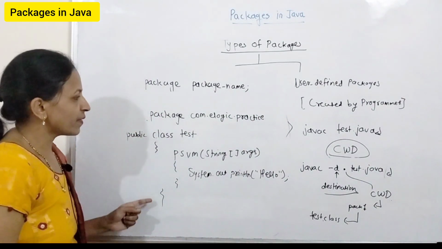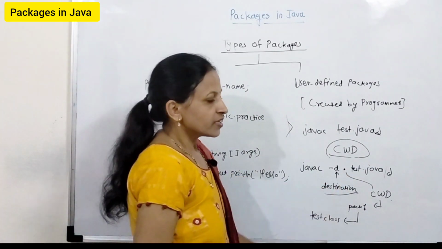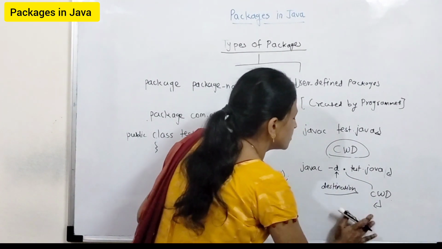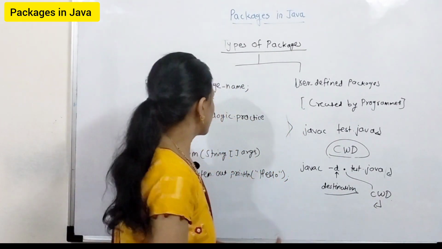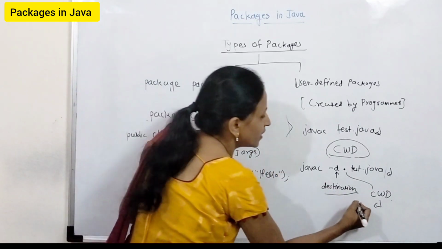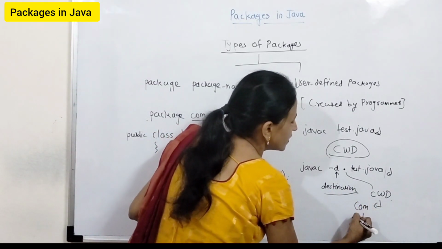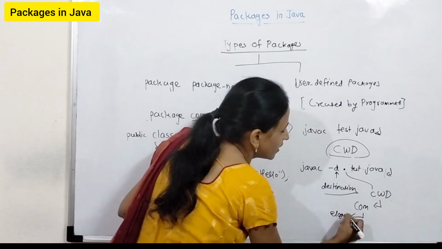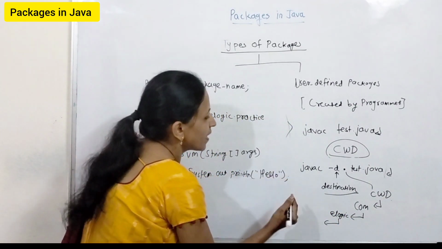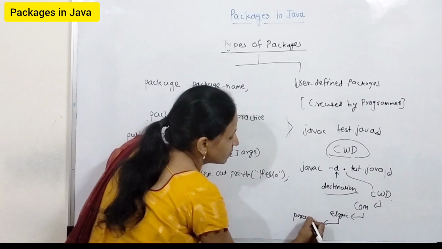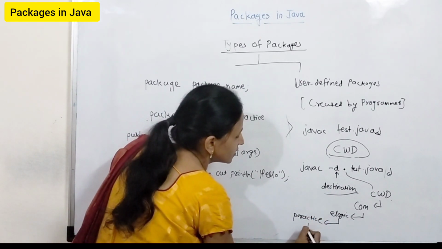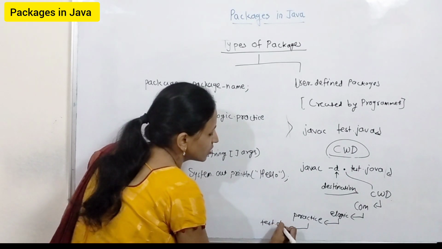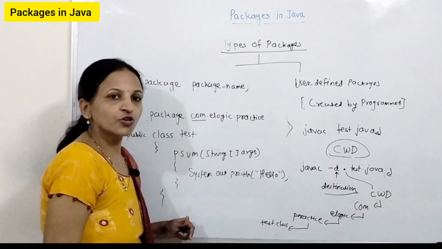Suppose you have compiled this program in this way, then in the current working directory, first the com folder will be created. Inside that the eLogic folder will be there, and inside that the practice folder will be there, and inside that this test.class file will get stored.